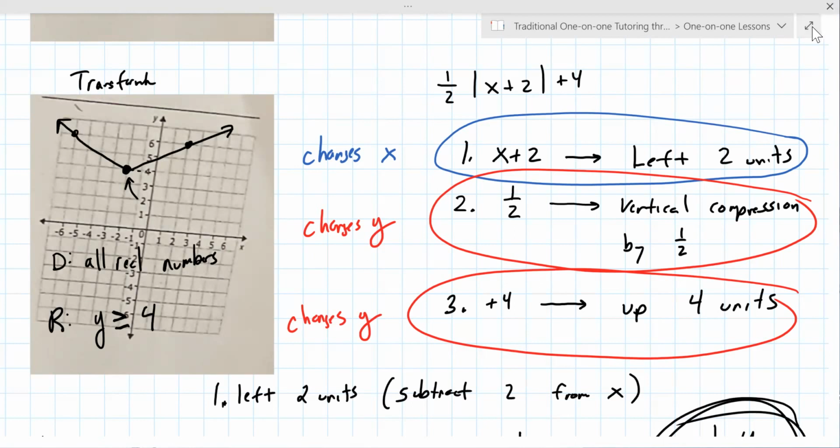But what is the transformation at the line under the transformation? These 3 on the right here: left 2 units, vertical compression by 1/2, and up 4 units.